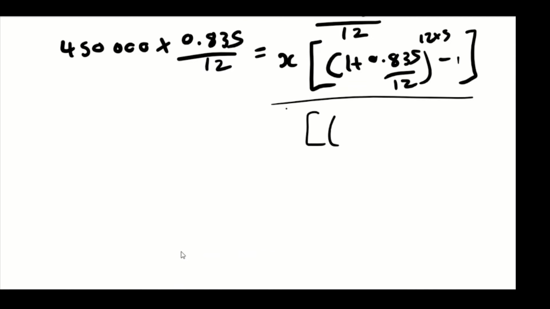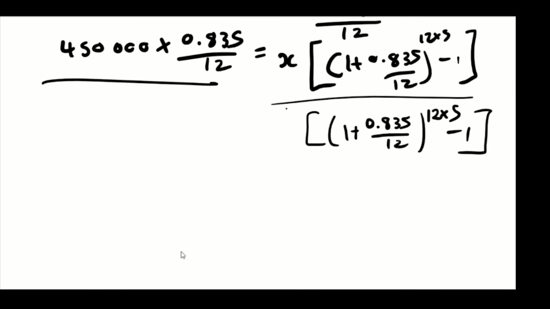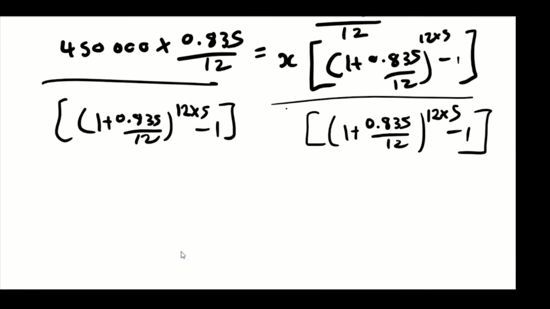So it's going to be 1 plus 0.0835 over 12 to the power of 12 times 5 minus 1. Divide again on this side, we have the same expression. So our x is equal to 450,000 times 0.0835 over 12.